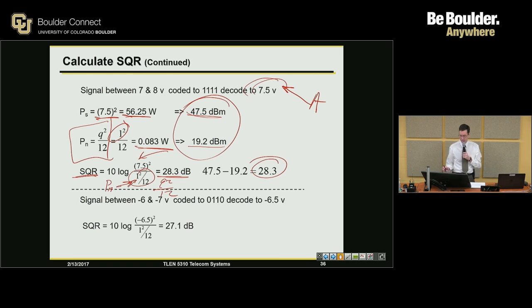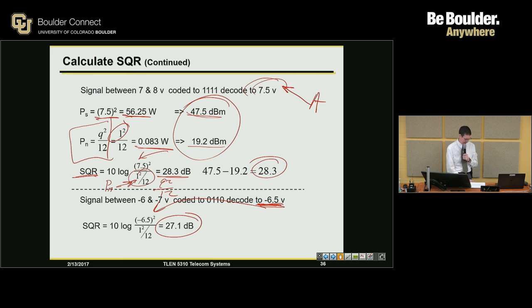So the next thing I want you to look at is, what if my sample, instead of up there at 7.5, was down at minus 6.5 in this example. So my value is closer to 0 than my original one was. If I use this minus 6.5 and put it into the same equation, now my dB number is 27.1.